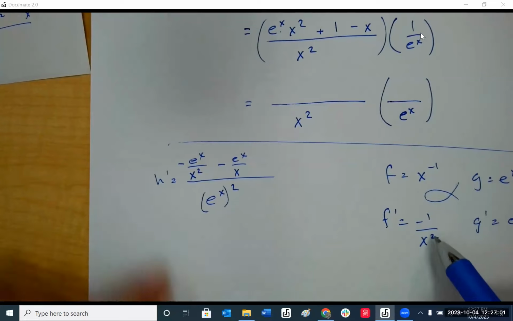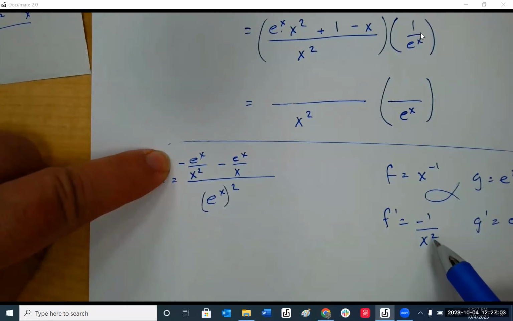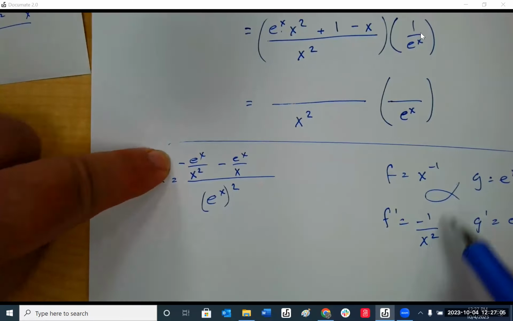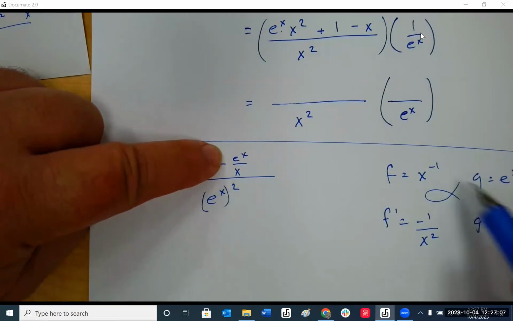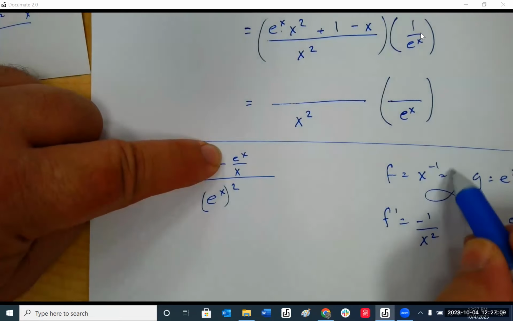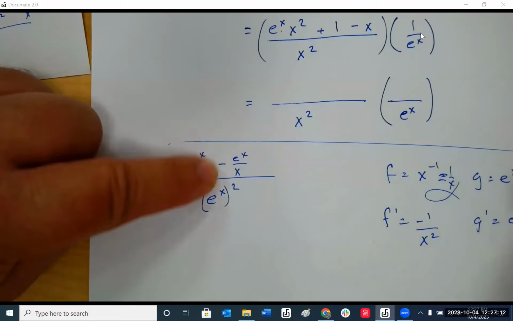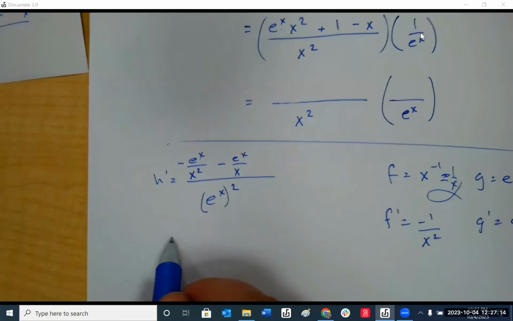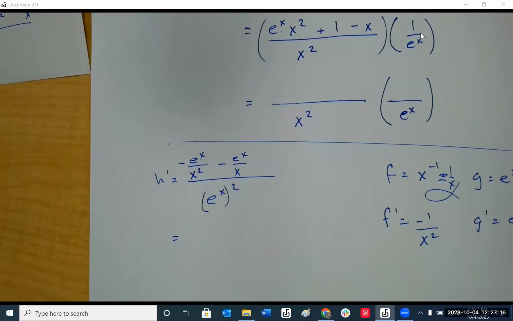That times that is that, minus this times 1 over x. That makes it even smaller. But it should work. Well, I'll work on it this weekend, but it should work.